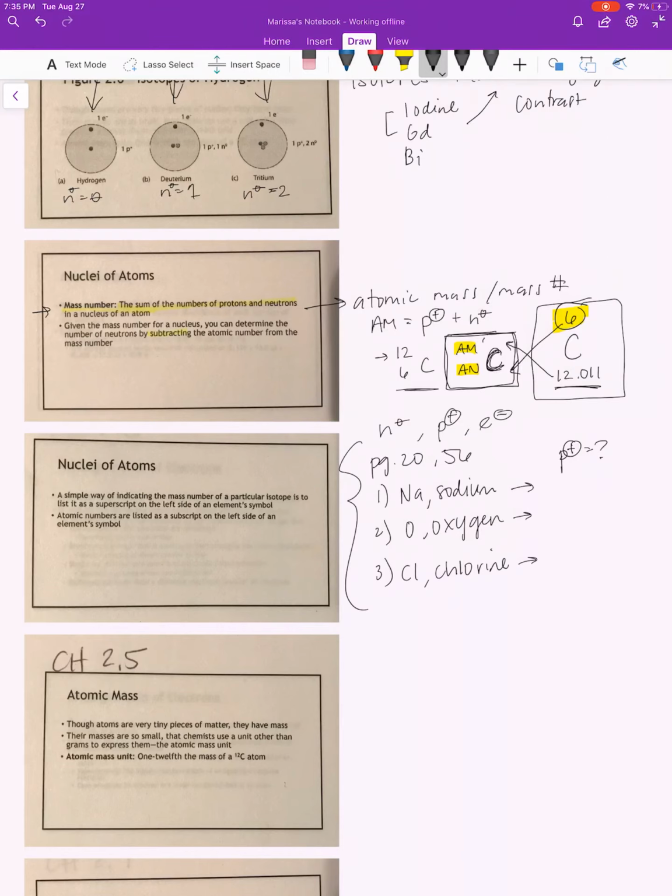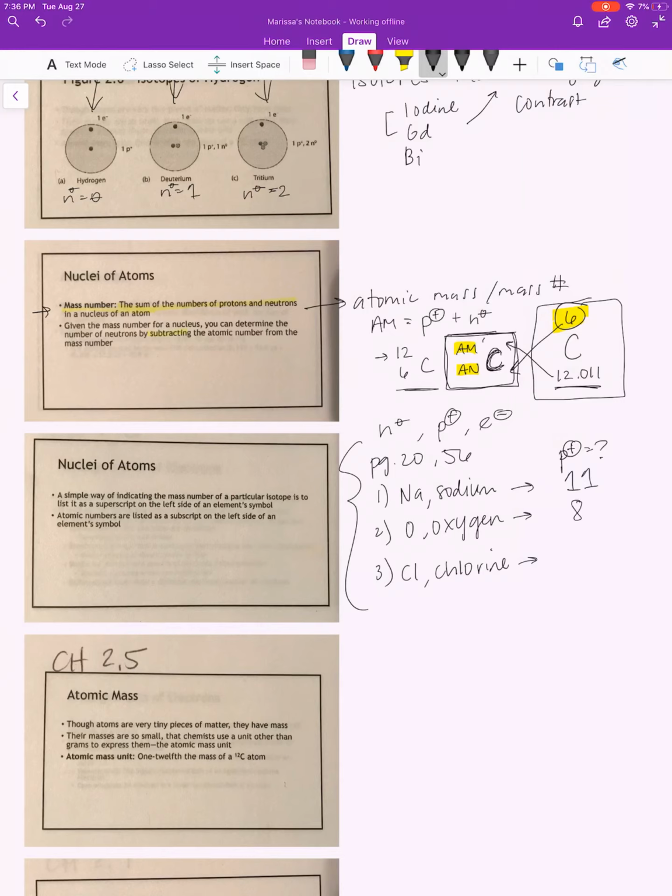Okay, so hopefully you've had time. If not, we'll go through them together. Maybe you've completed one or two. So sodium is element number 11. It's in the first column, not the first row, and therefore it has 11 protons. Oxygen is on the far right side of the periodic table, almost near the upper right corner, and it's element number 8.